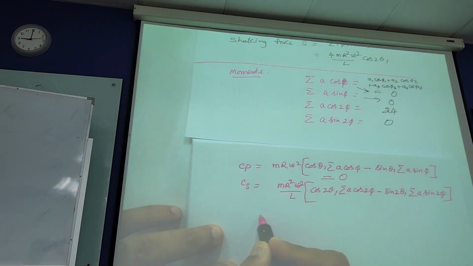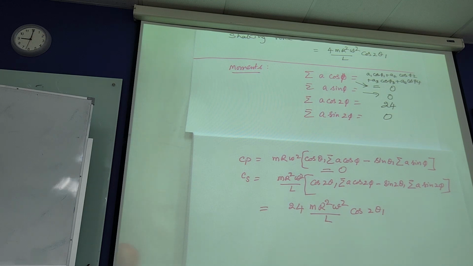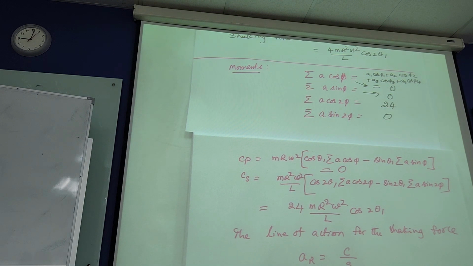So CS you can write as 24 m r square omega square cosine 2 theta 1 over L. So then the line of action for the shaking force, we can write it as C over S. So total moment over shaking force, total force.